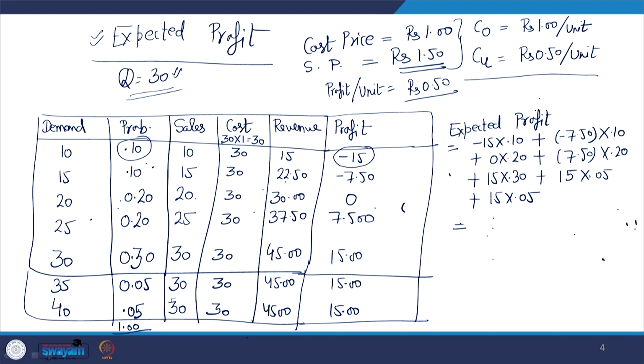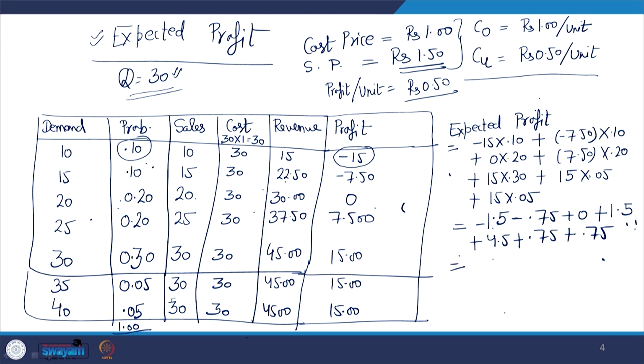So, if I do this calculation, this becomes minus 15 into 0.10, that is minus 1.5, then again minus 0.75 plus 0 plus 7.5 into 0.20, that becomes 1.5, plus 15 into 0.30, that is 4.5, plus 15 into 0.05, that becomes 0.75 plus 0.75.